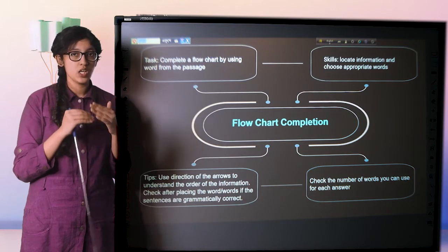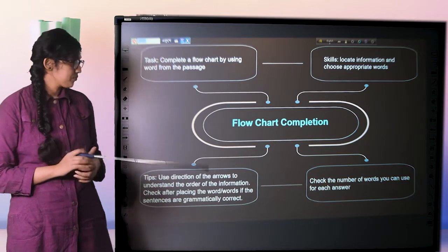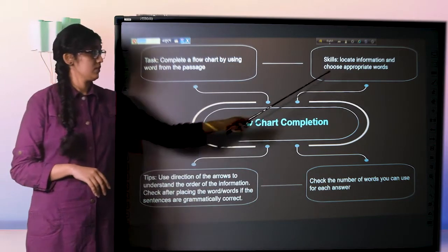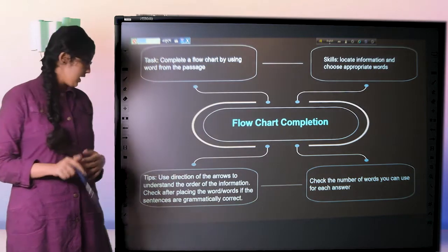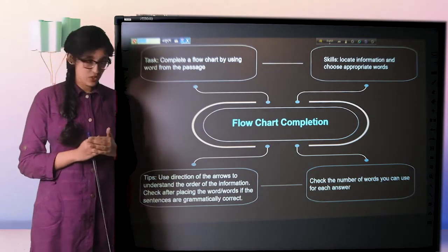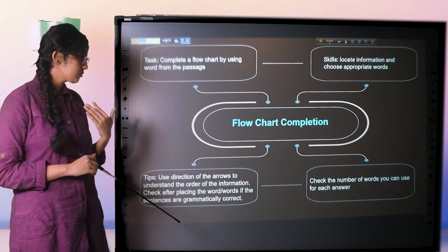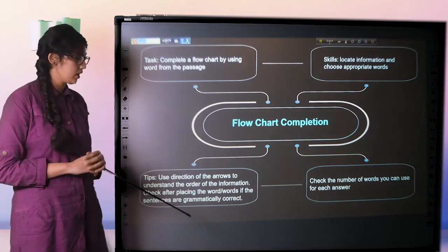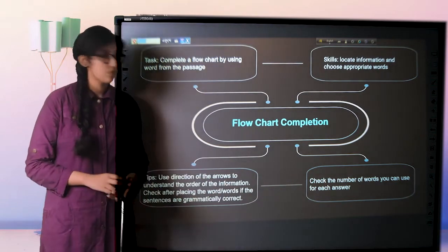The arrows basically help you understand the order. So you should be able to locate information and choose appropriate words from the text passage, and you should use the direction of the arrows to understand the order of the information and fill up the sentences accordingly. And you should also check the number of words you can use for each answer.